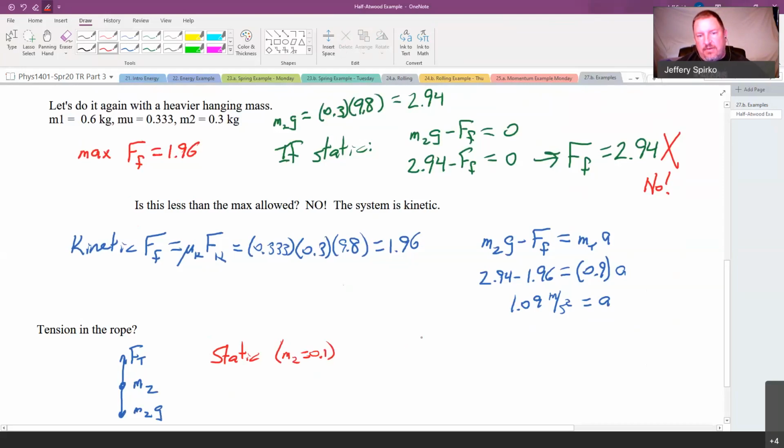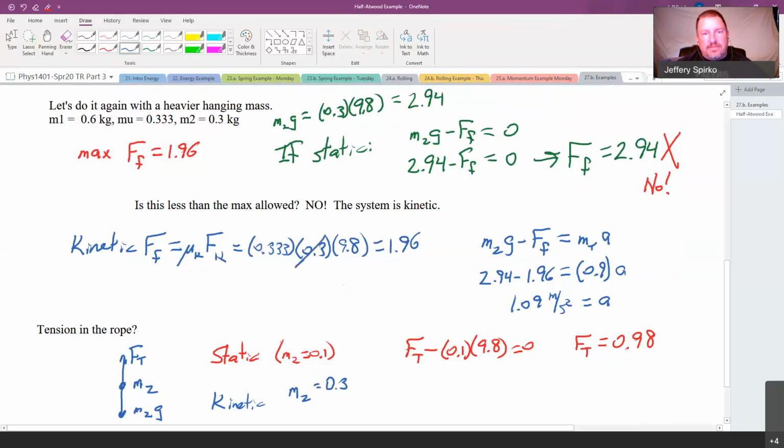Then we'd have force tension minus 0.1 times 9.8 equals 0. So force tension is equal to 0.98. In kinetic, M2 was equal to 0.3.